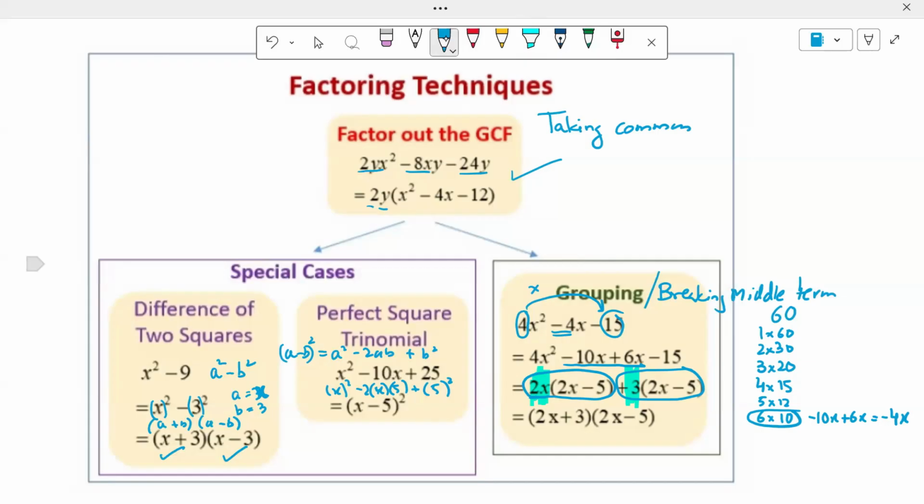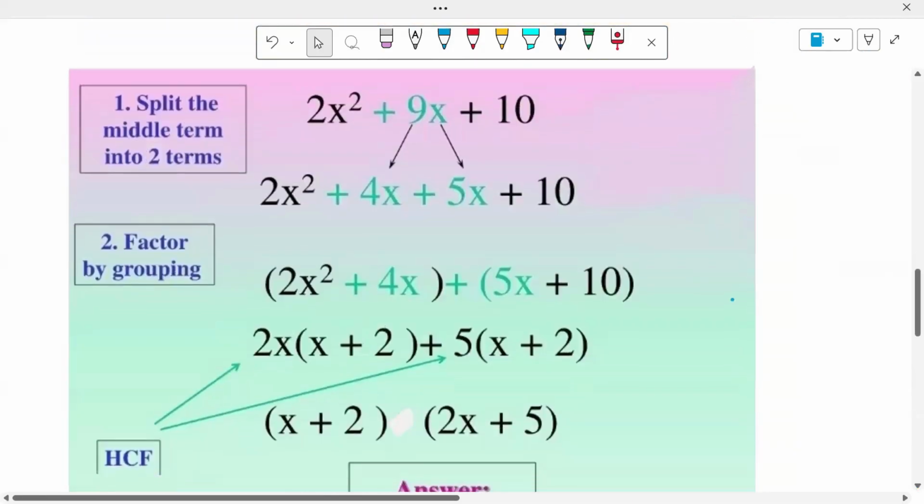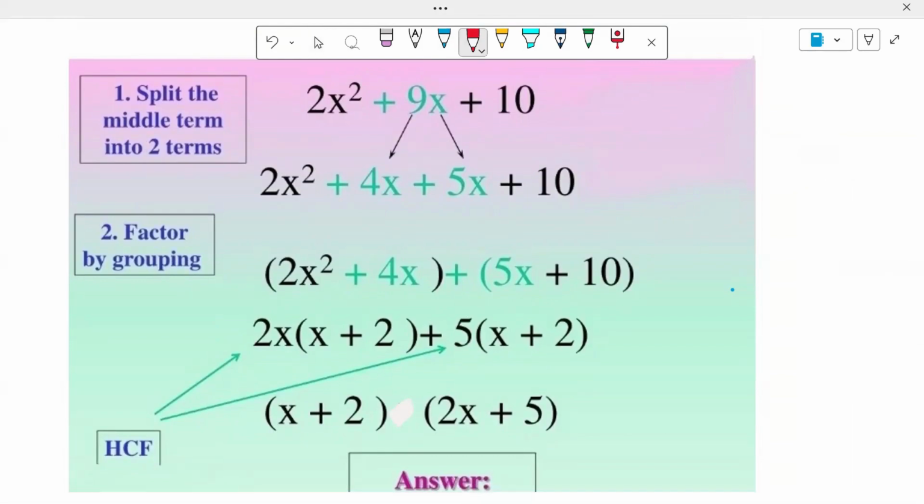Let's move to another example for breaking middle term. Here 2x squared plus 9x plus 10. As I told you, we are going to first multiply the coefficient with the constant, meaning 2 tens is 20.